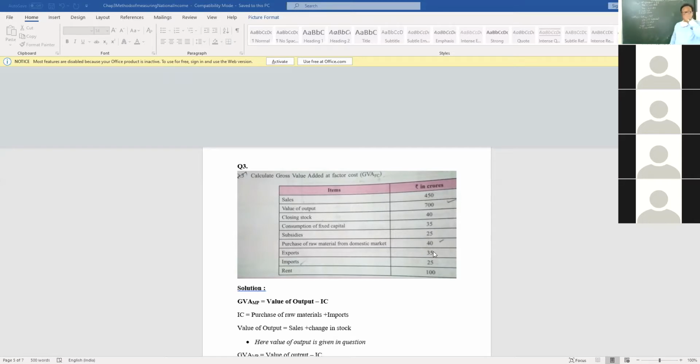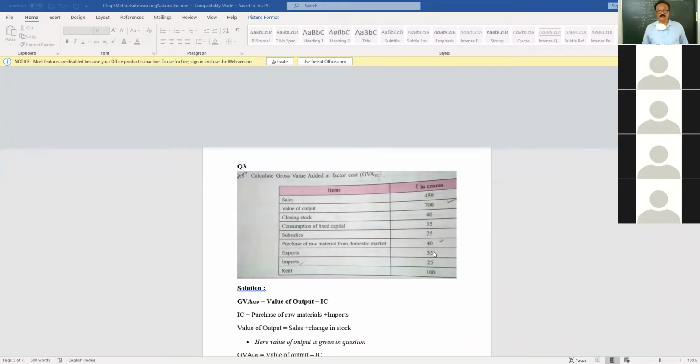Pay attention again. The first step in value added is we find the gross value added at market price. The formula is value of output minus intermediate consumption. That is the first step whenever we calculate value added. Value of output is already given in your question directly as 700.